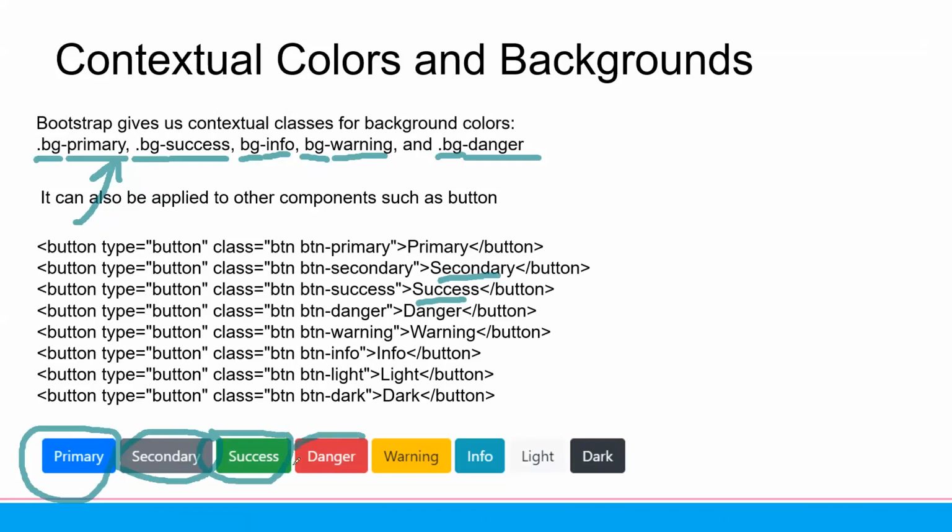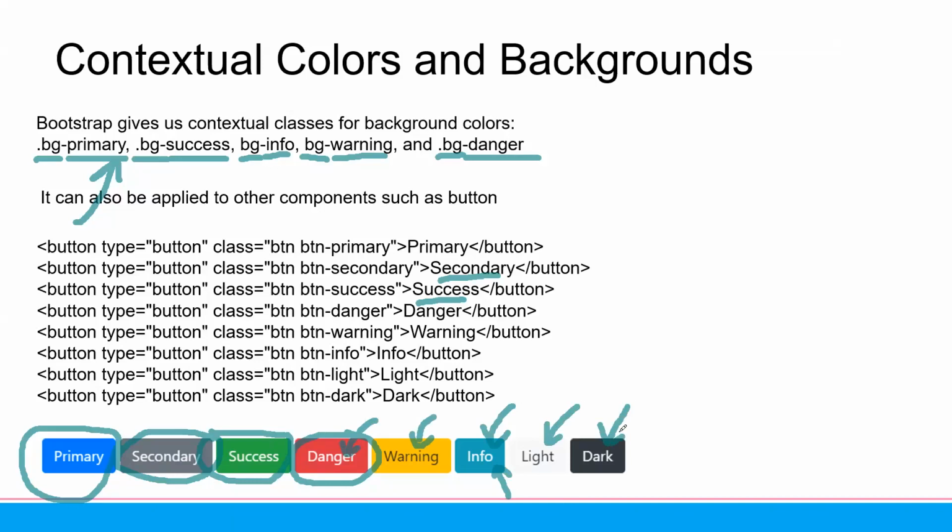If you want to delete a file, or do something where there should be some kind of warning, Bootstrap defines danger as red and warning as yellow. And if you are going to make an info, this color is cyan. And if you just want light or dark, so white and black.